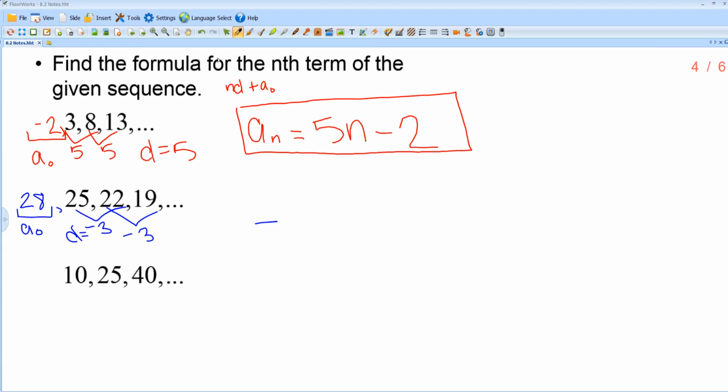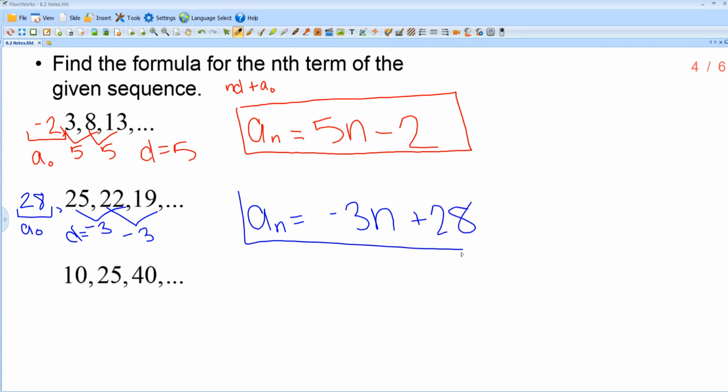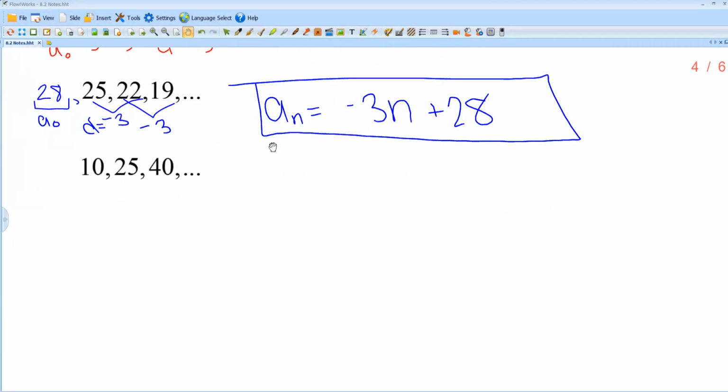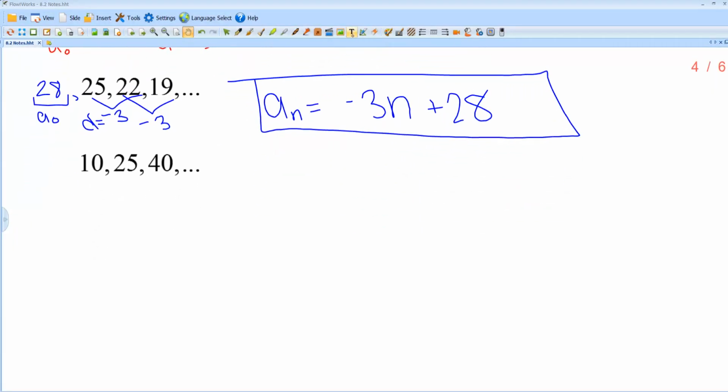We have a sub n is equal to d, negative 3, times n, plus a sub 0, 28. Super easy. Look at that. It's a breeze. Man, it's going to be a fun chapter.